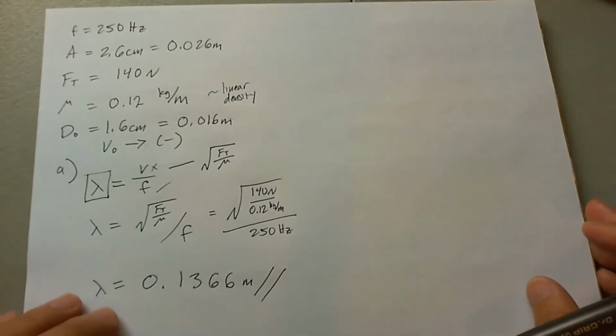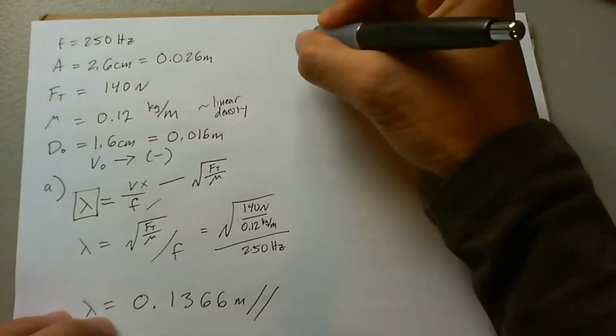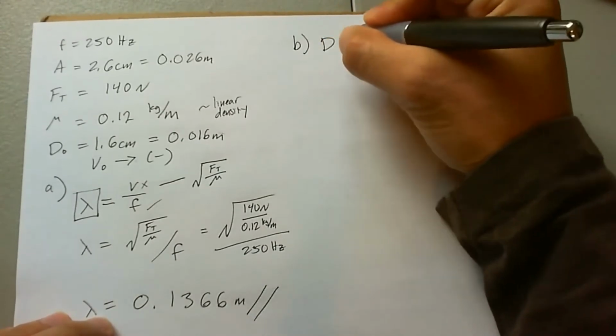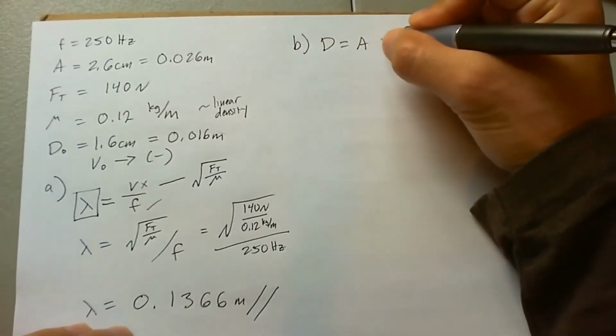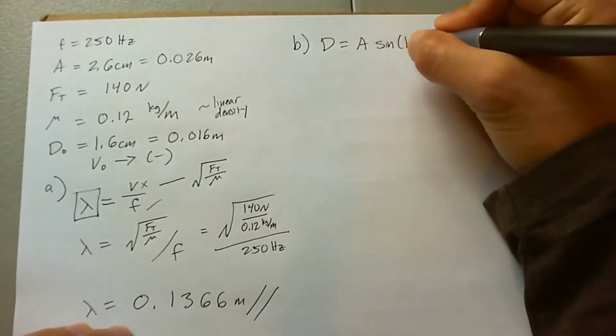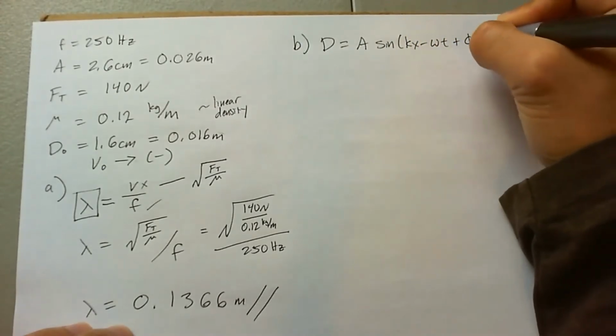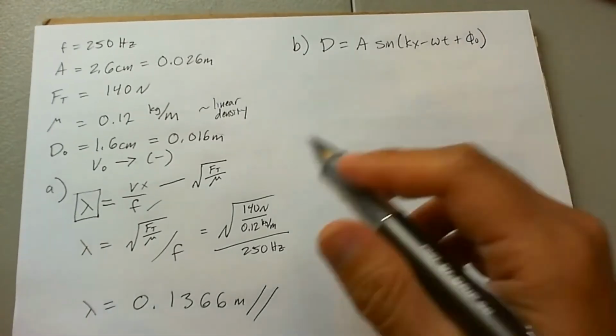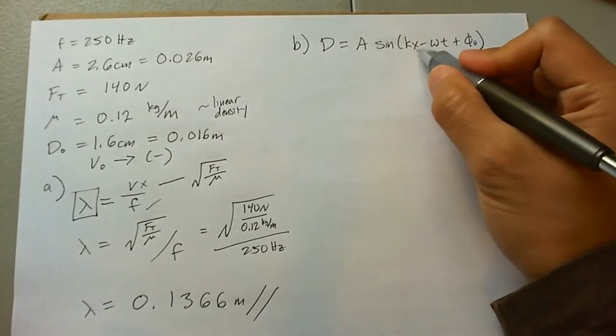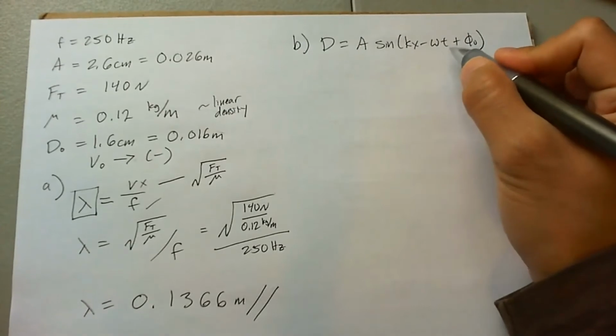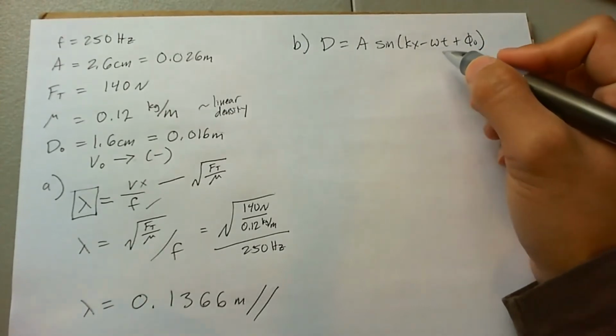Now for part B, all we're really doing is looking at the displacement equation: d equals A sine of kx minus omega t plus phi naught. We're trying to fill in everything we can, save for x and t, because those are both variable parameters.